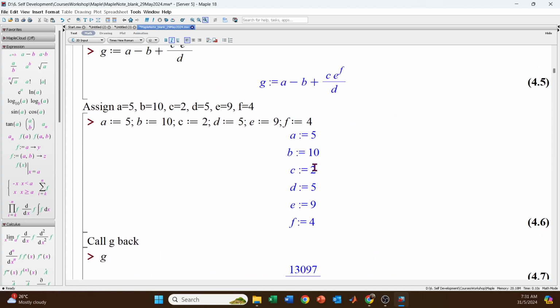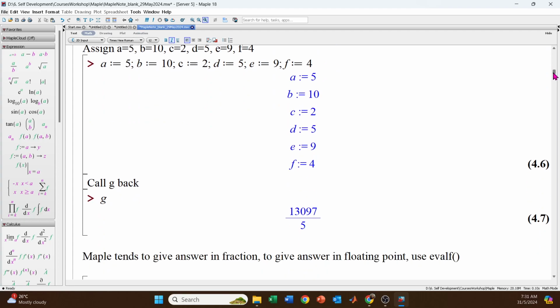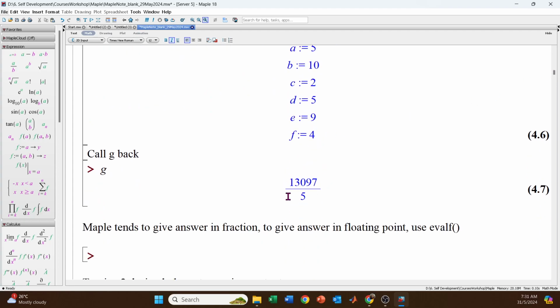All the values of A, B, C, D, E, F will be substituted into G. Maple tends to give the natural display like this. So if you want the numeric or floating point solution, you may use evalf.